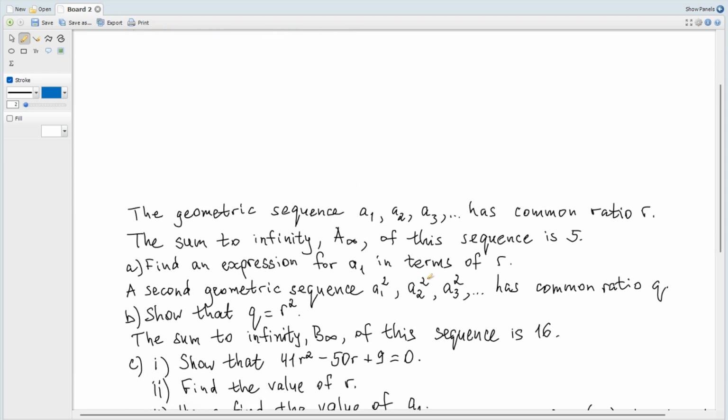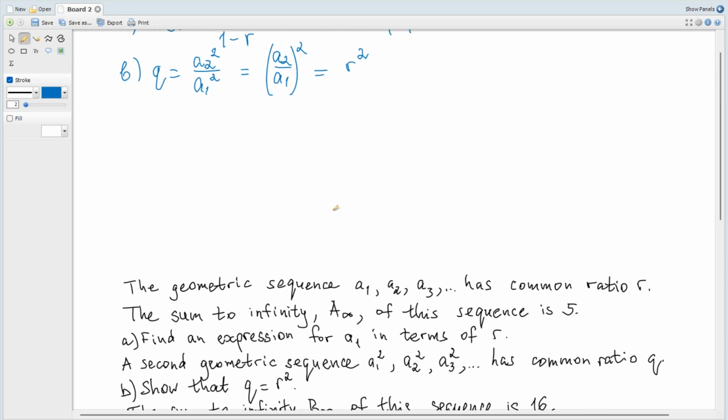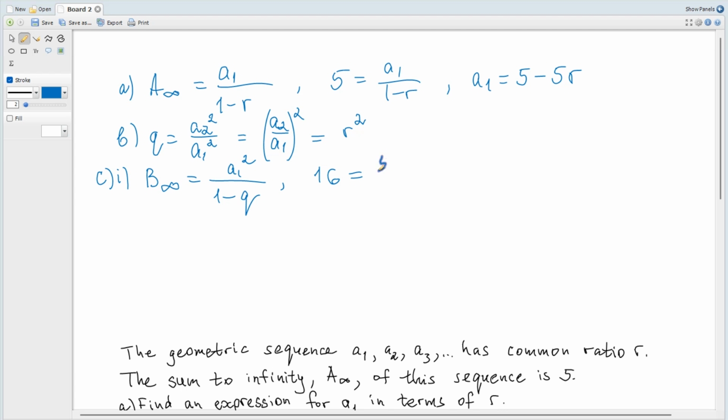The sum to infinity of the sequence is 16. Question C shows that this is true. Let's consider the sum to infinity. It is equal to the first term, a1 squared, over 1 minus q, because q is the common ratio for this sequence. So it becomes 16 is 5 minus 5r squared over 1 minus r squared.